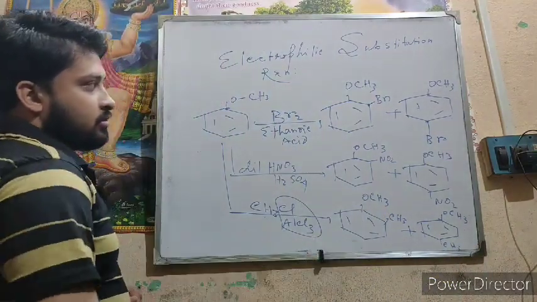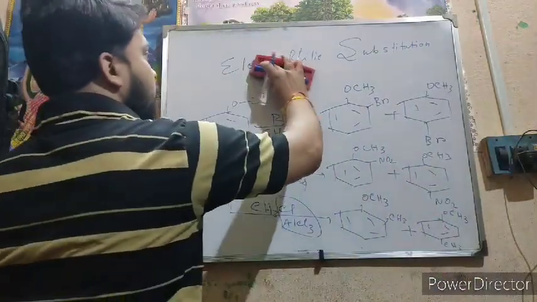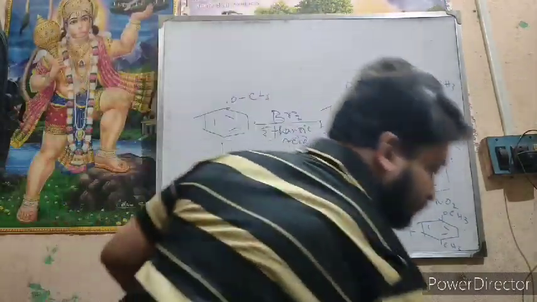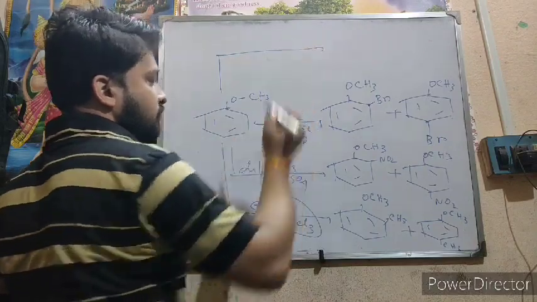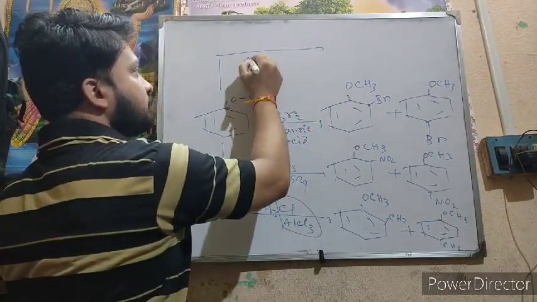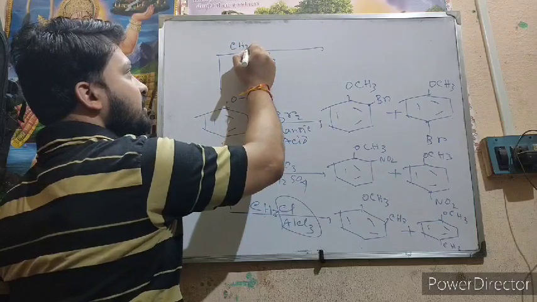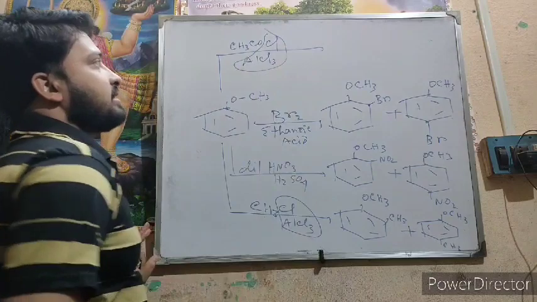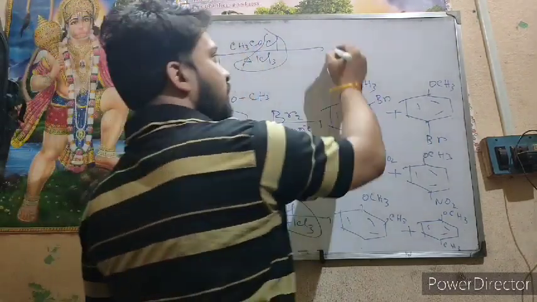Friedel-Crafts alkylation. Okay, you can use Friedel-Crafts acylation also. If you want to use Friedel-Crafts acylation, then take AlCl3 in the presence of CH3COCl and AlCl4. So OCH3 with COCH3 on the ortho and para positions.